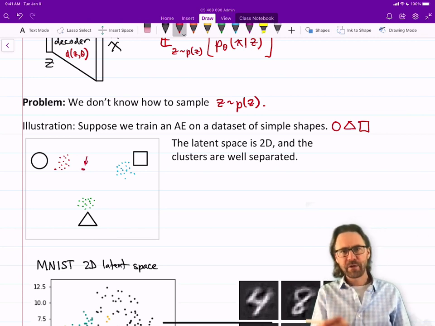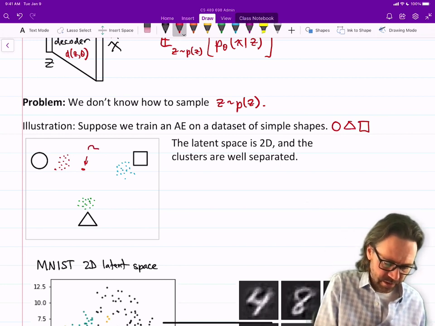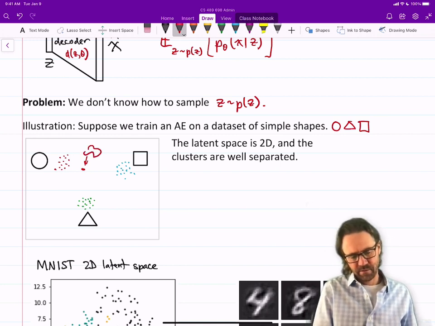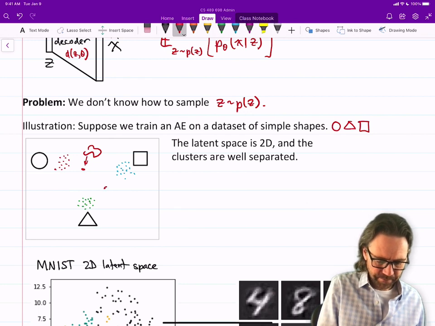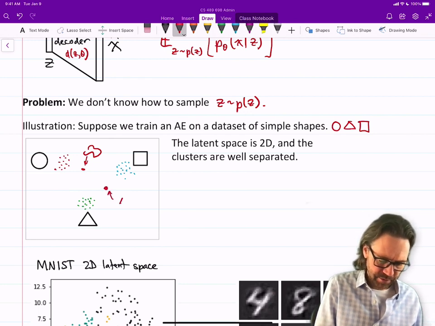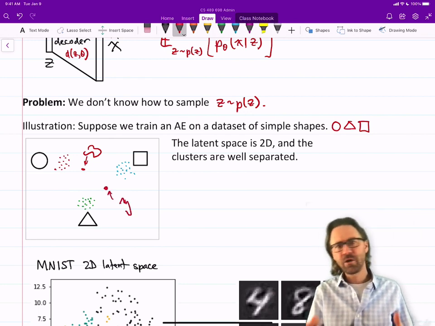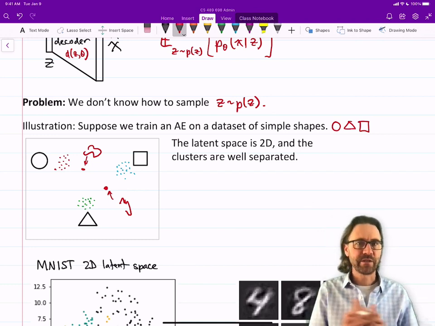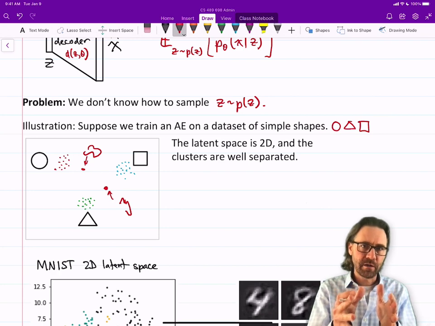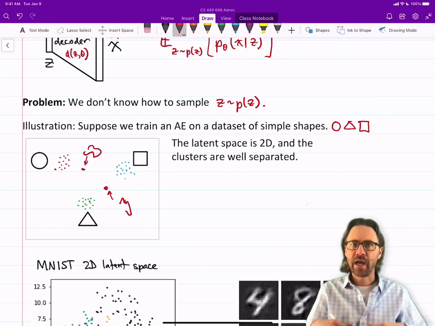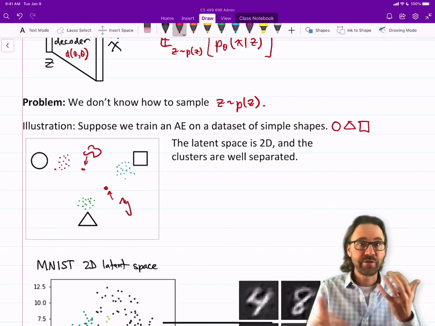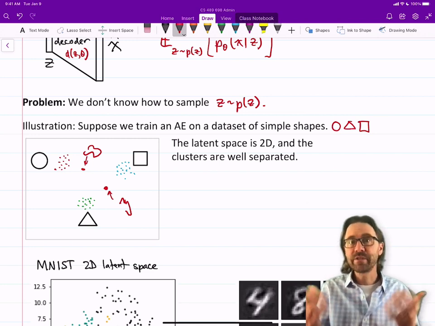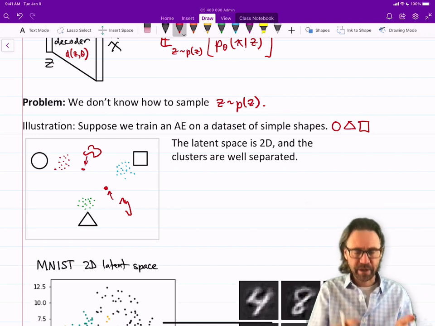What shape might we get from this? Well, it looks like that. What about if we sample over here? The sample looks like this. Those don't look like shapes. So in terms of generating samples, we've trained our model on this data set, now we're ready to generate samples and we're interested to see what other new samples it can produce for us. We get this garbage.